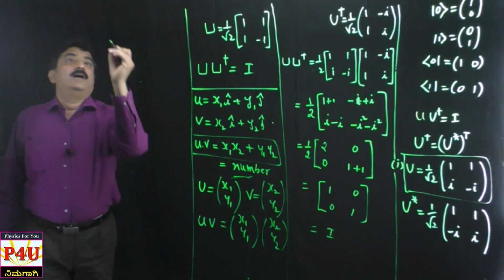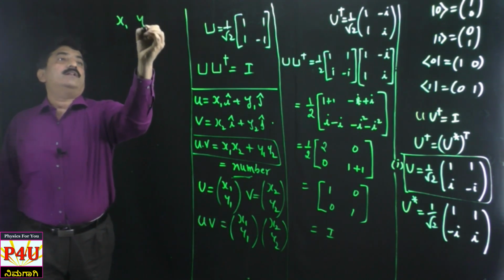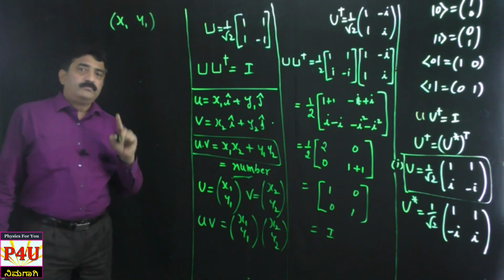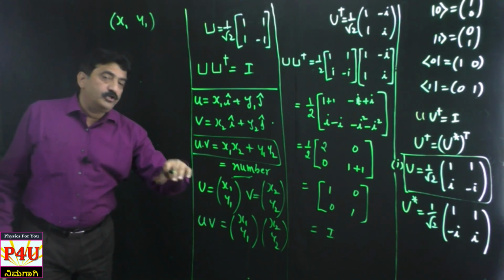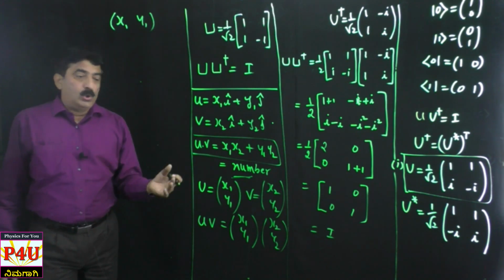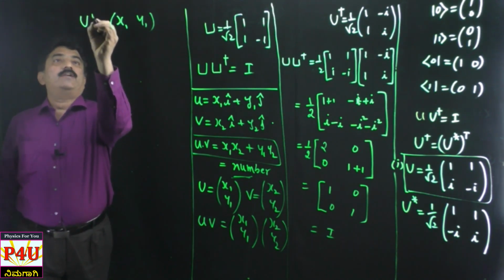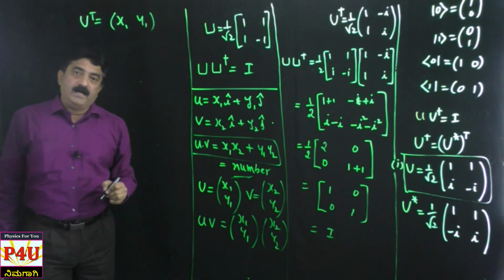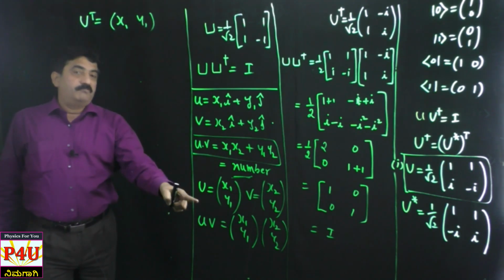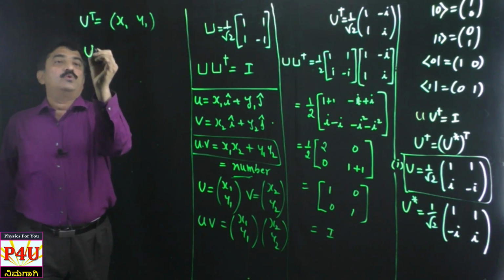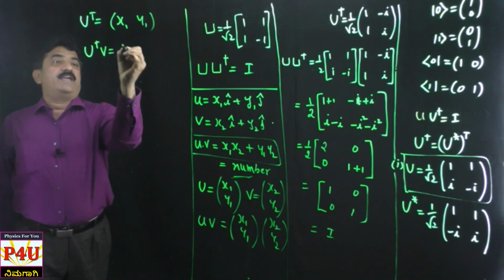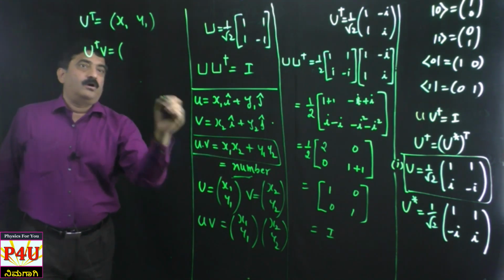Better you write x1 y1 in this form. That means the column should be converted into a row. That means u is now transposed, you take u transpose, right? And then you multiply with v. So now let us check u transpose and v, whether I get this form or not.